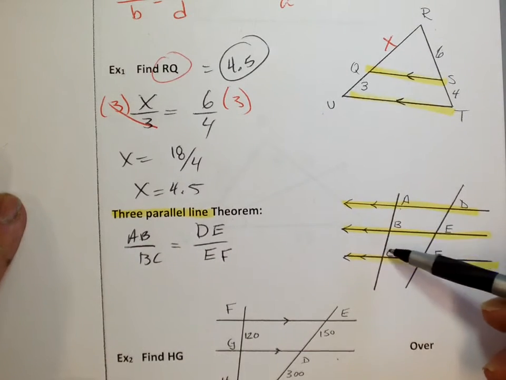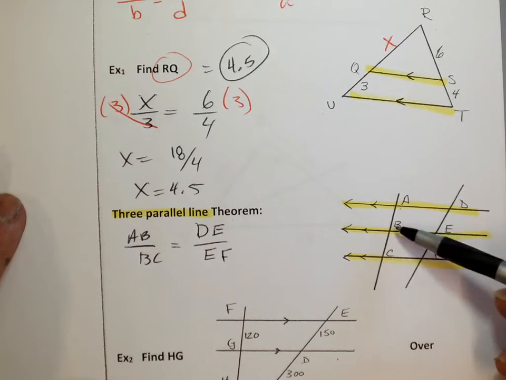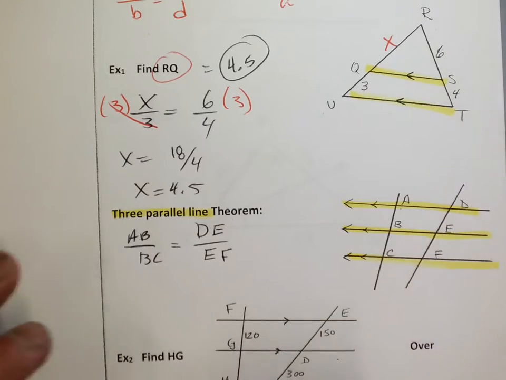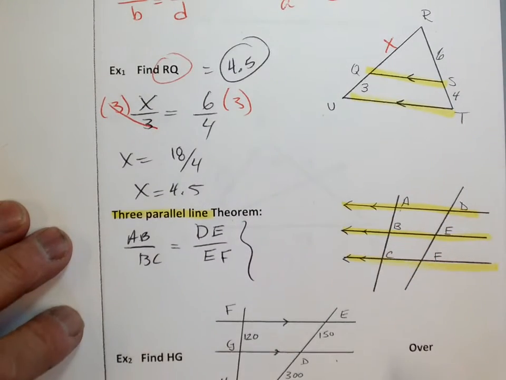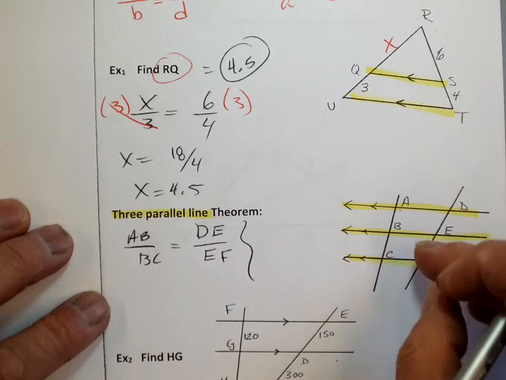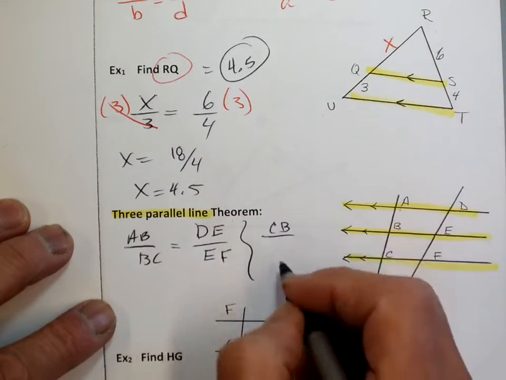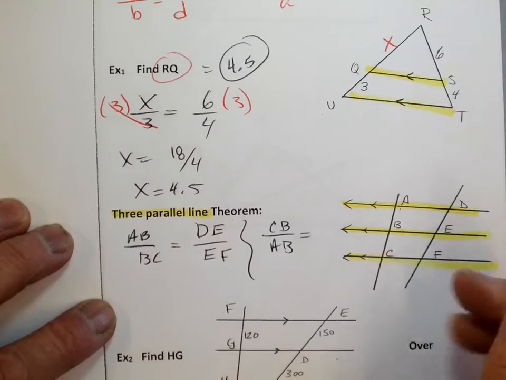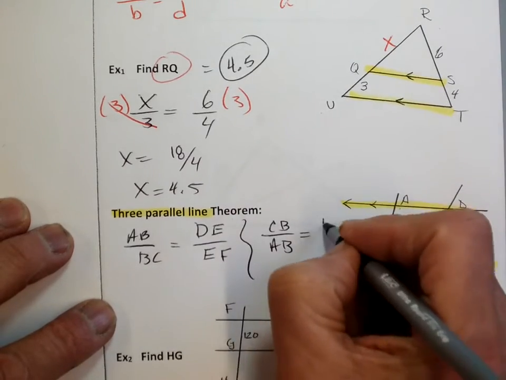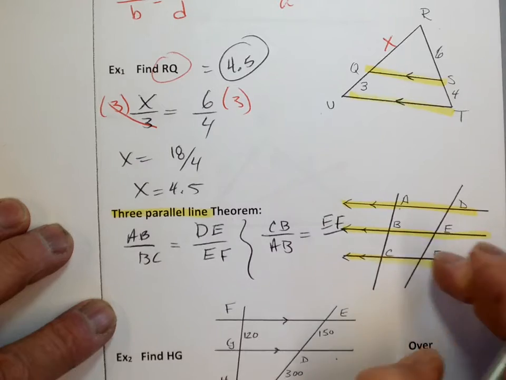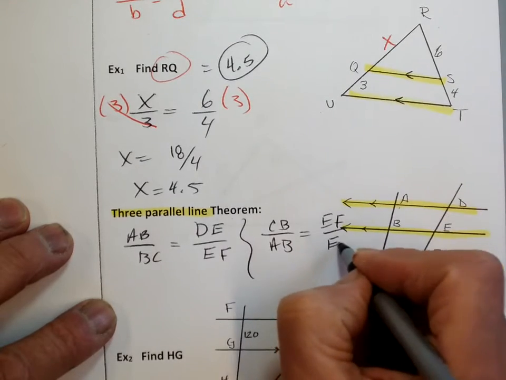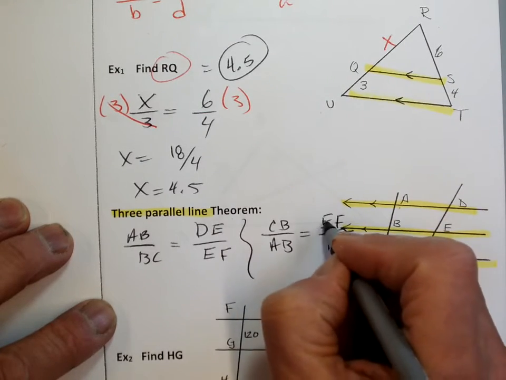You can even write it the other way. I can do CB over AB is equal to EF over ED. Same thing.